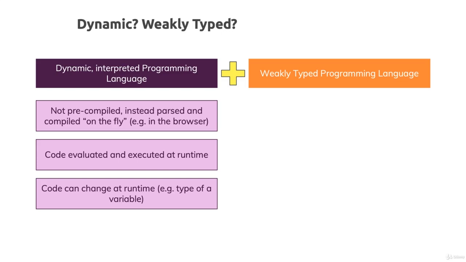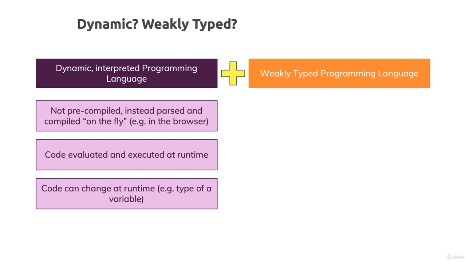In JavaScript, you are allowed to dynamically switch the type of data there. In a variable, you might start by storing some text, and suddenly at a later point of time, you store a number in there instead, in the same variable. Now again, we haven't really learned about variables yet. We will, of course, do that. But the one thing you can simply keep in mind is that the dynamic thing in JavaScript means that it is parsed and interpreted and compiled at runtime, and that therefore it is able to do certain things.